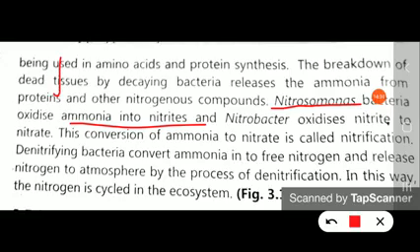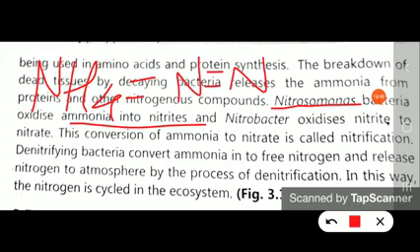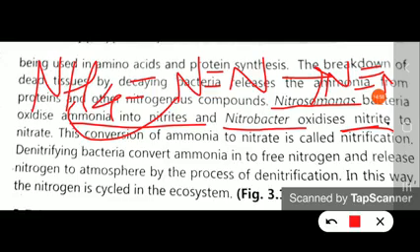They directly convert ammonia into the nitrite form, and then Nitrobacter oxidizes nitrite to nitrate. This Nitrobacter converts it into the nitrate form.